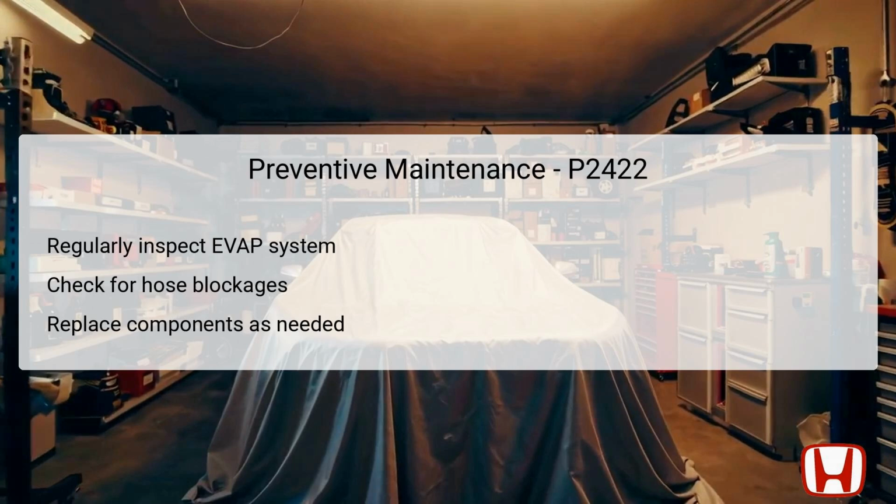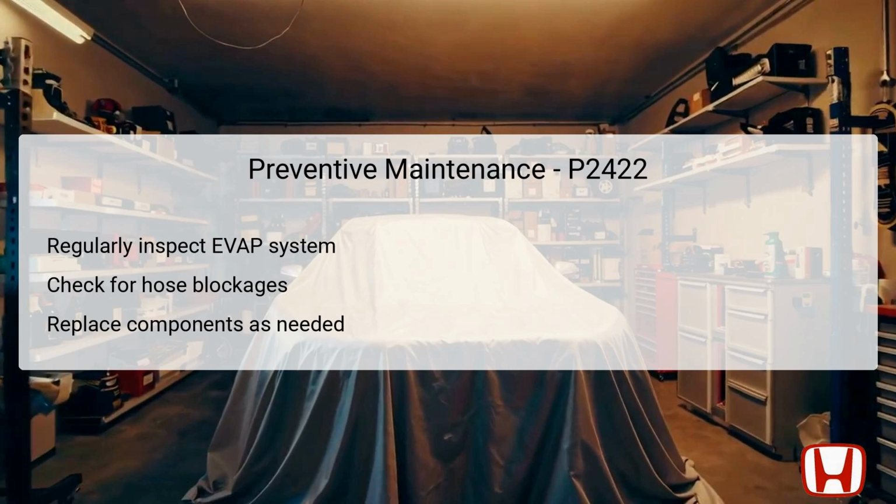Scheduled maintenance intervals should include inspections of electrical connections, hoses, and sensors to detect issues before they escalate into serious failures. Developing a systematized maintenance strategy can significantly reduce the likelihood of encountering DTC P2422 and similar problems, while improving overall vehicle reliability.